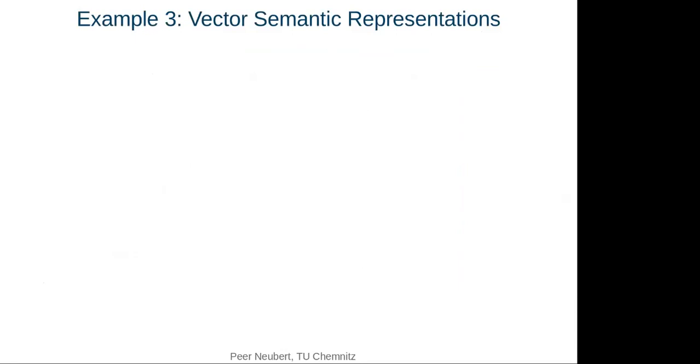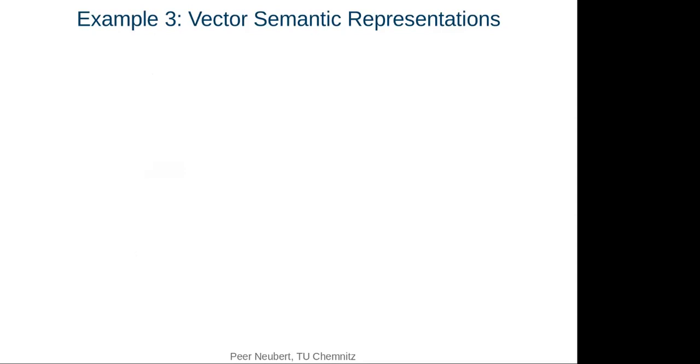We can do it without HDC. HDC-DELF is, I think, really a practically useful approach and well investigated. Those vector semantic representations are a little bit more complex from the encoding side, from the VSA side, and I think there is a lot of room for improvement.